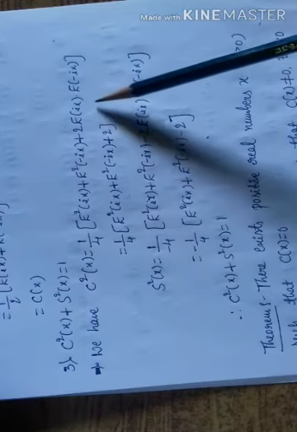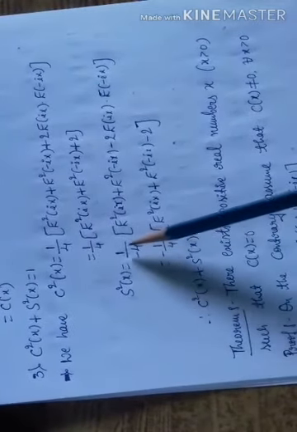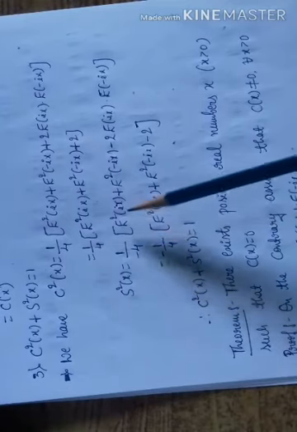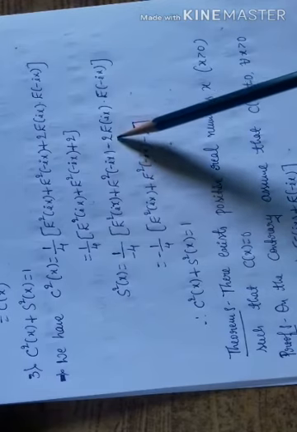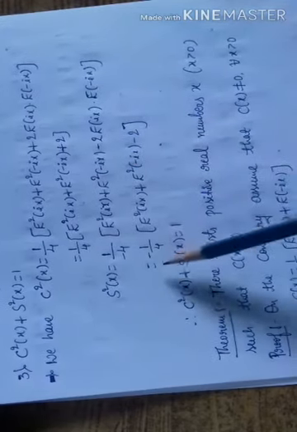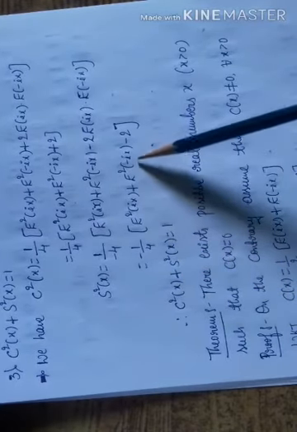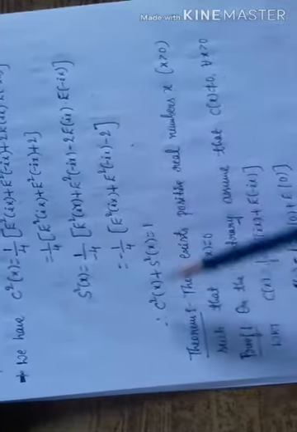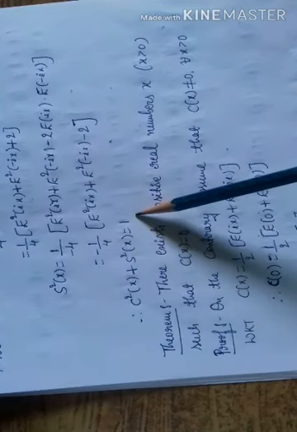This value equals −1/4 (e^(2ix) + e^(−2ix) − 2). Therefore, adding these two, we get C²(x) + S²(x) = 1.